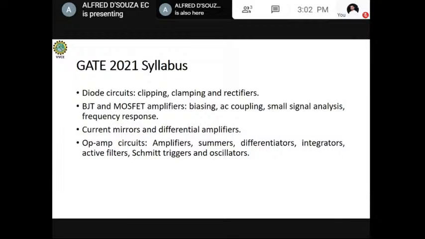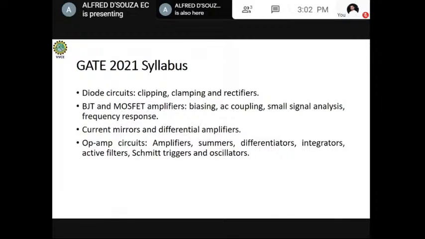Most of the topics that are prescribed for the GATE 2021 syllabus for analog circuits are very important. But some of the topics which you should not be skipping are diode circuits, basic BJT amplifiers, and op-amp circuits.